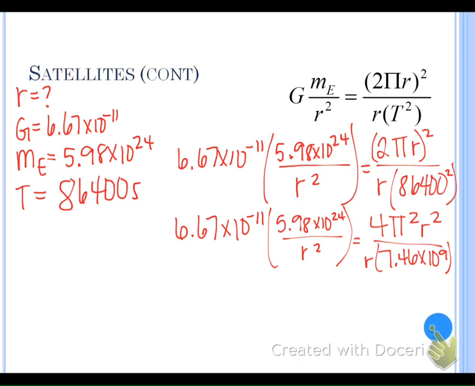Everyone see where I'm going thus far? So I moved r squared from one side to the other, and I'm going to combine those two terms.